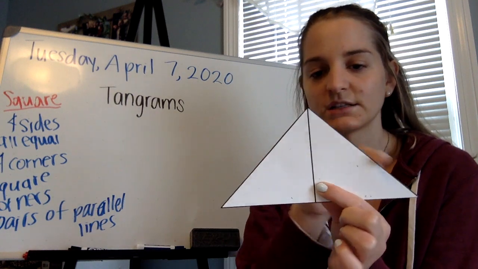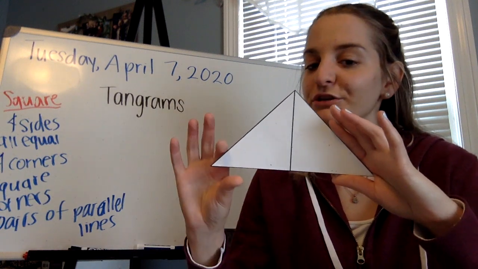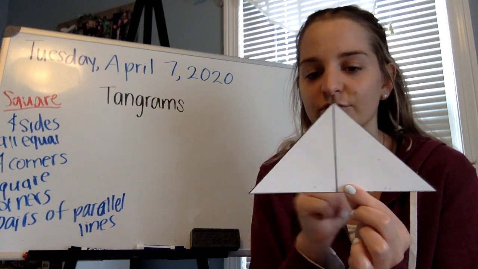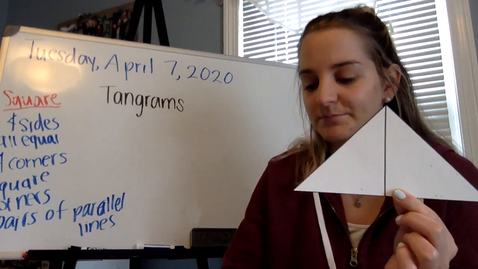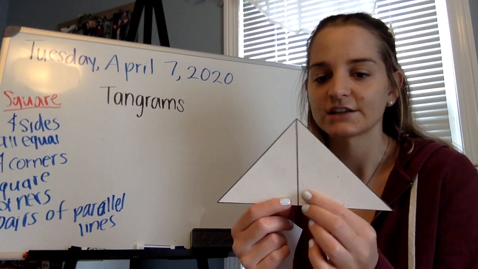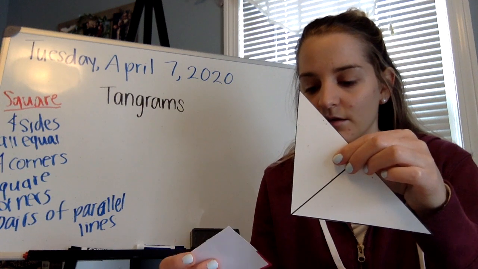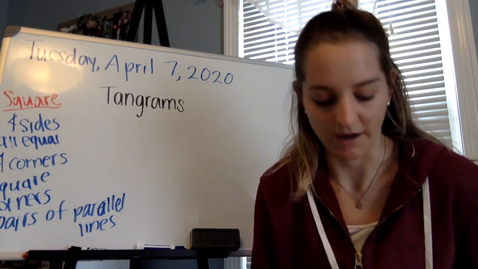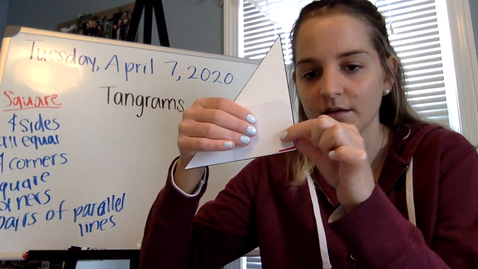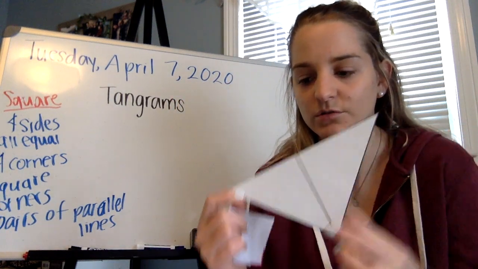Now let's talk about what shape this is, the big shape. I'm pretty sure you all know it is a triangle, okay? It has 3 sides and 3 angles. Now what's cool about this triangle is it actually has, I'm going to hold it this way, a square corner. Okay, so if you see, it has 1 square corner and 2 other angles, okay?